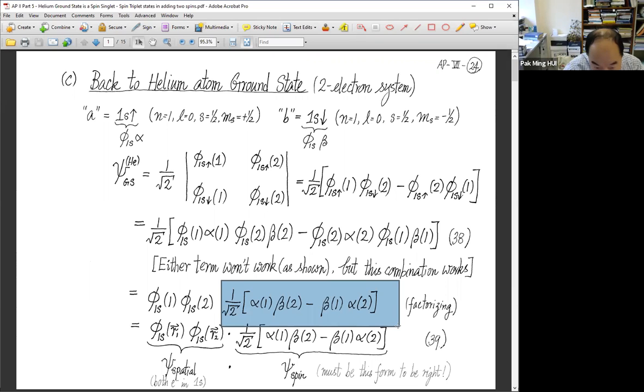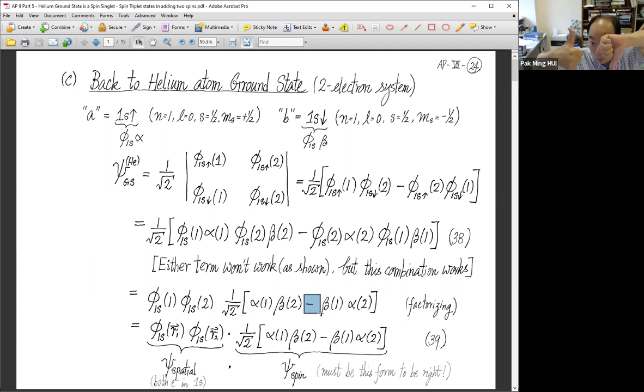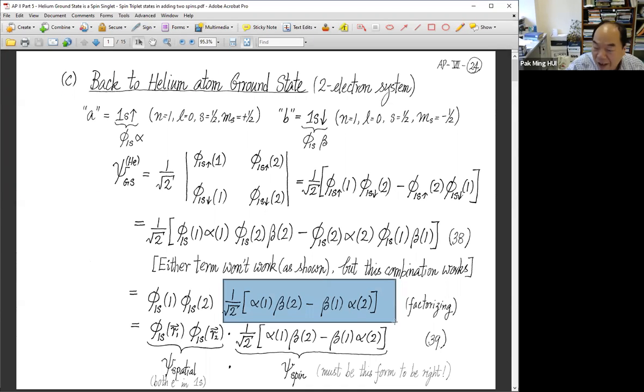All right. And if you read out the prefactor, you see that it's 1 minus 1, which means equal probability. Okay. In quantum mechanics, you read out the coefficient squared is the chance you find this or that, right? So this is a very interesting spin combination.